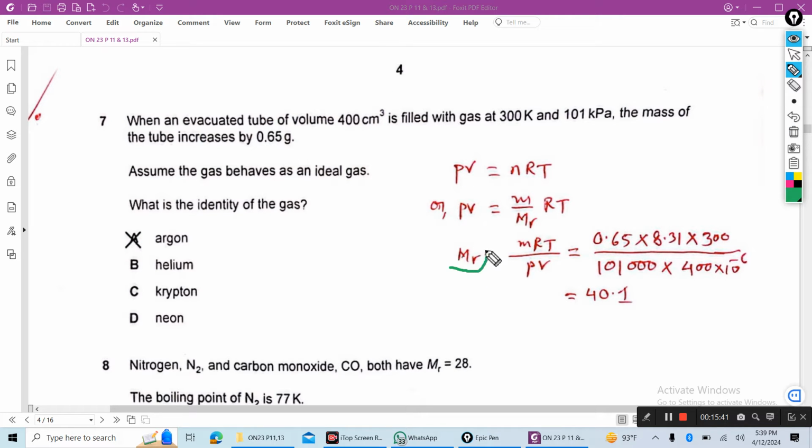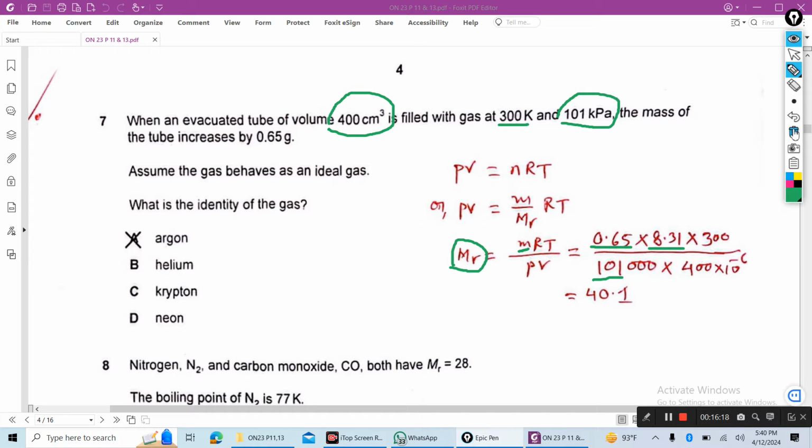So Mr equals mRT over PV. So mass is given 0.65, R 8.31, T 300 Kelvin, P 101 kilopascal, so 101 times 1000 pascal, and 400 centimeter cube, 400 divided by 10 to the power 6 meter cube, you will convert it.